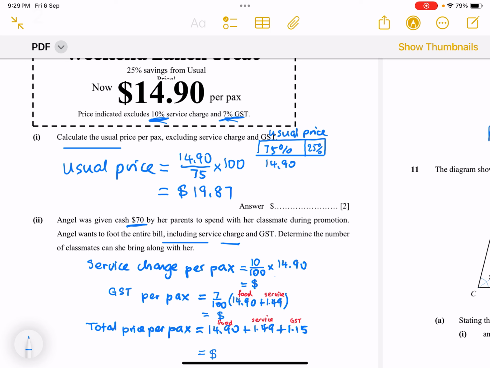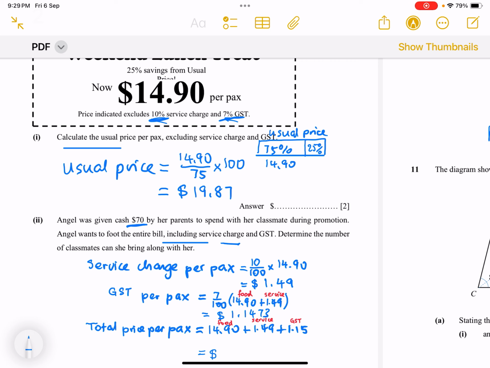So we work out the service charge first, which is 10% of $14.90 to give us 1.49, and the food price, which is $14.90 plus the service, that will work out the GST. GST is 7% of the total food and service, and this works out to be 1.1473.